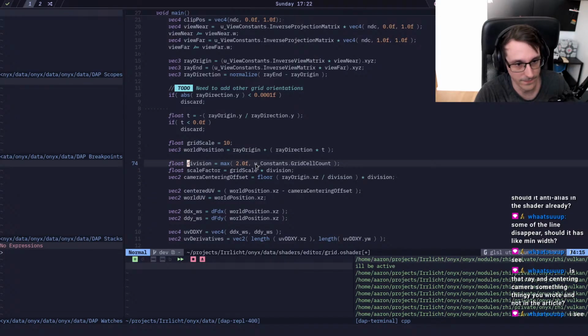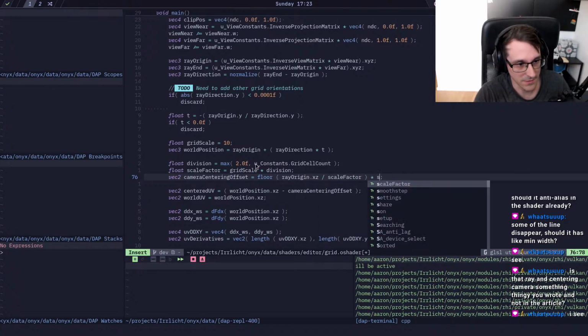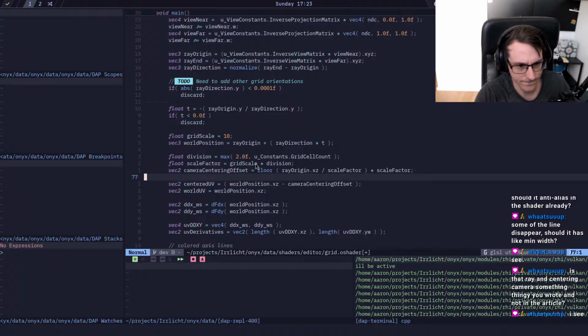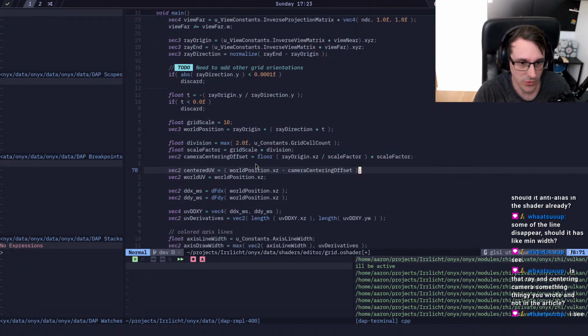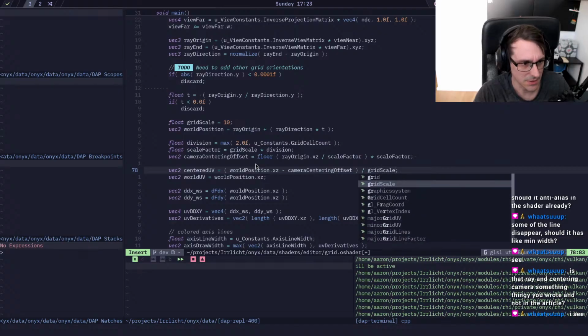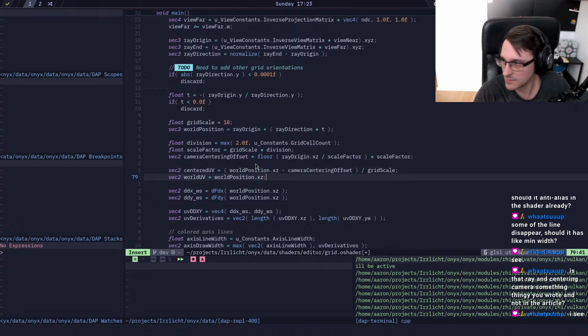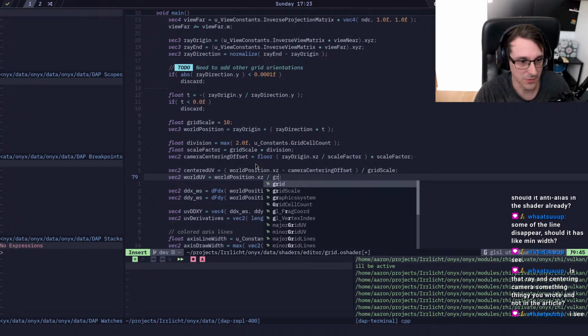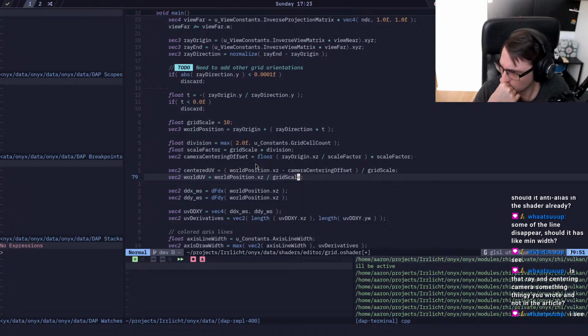So this one, and then this is here our scale factor, and then this is our scale factor. And then we need to here the centered UV. I think we need to divide by our grid scale, and this one we as well need to divide by our grid scale.